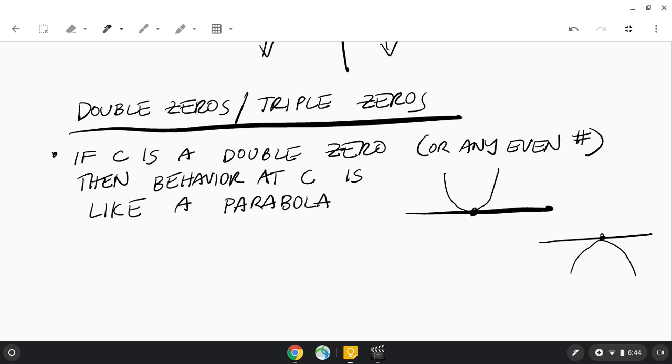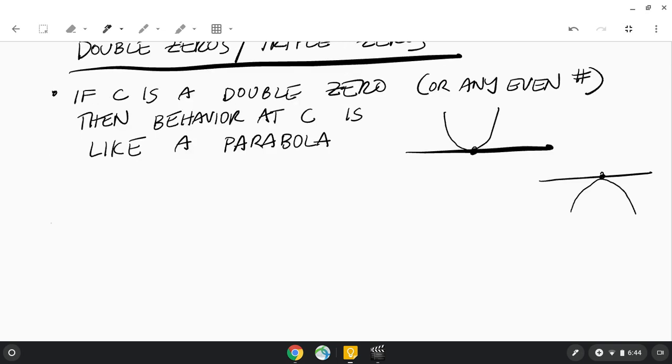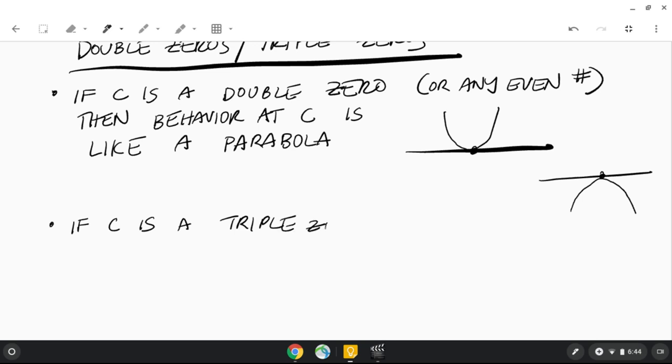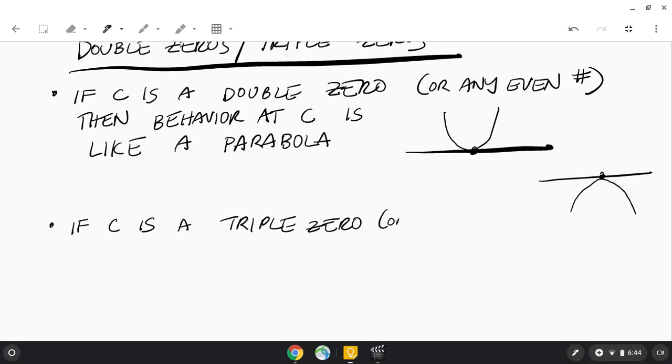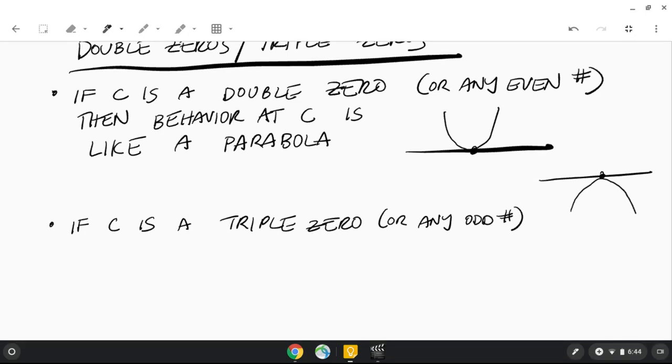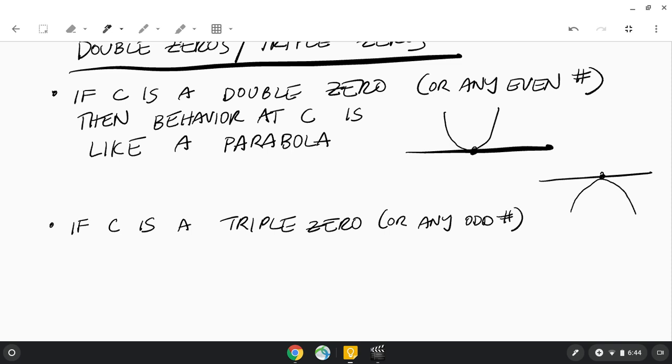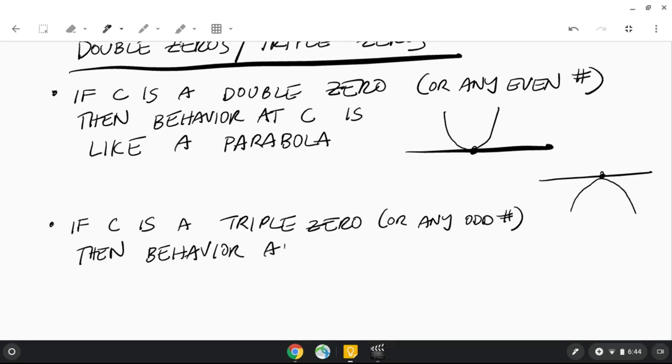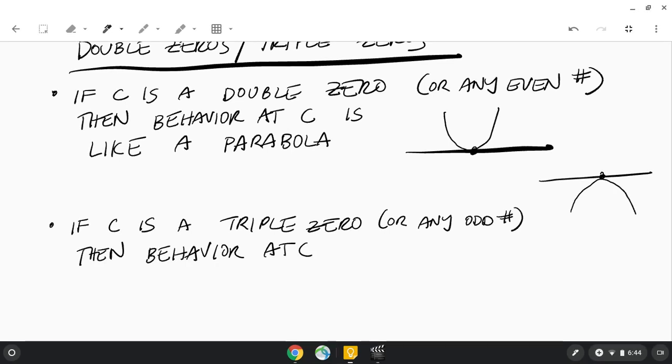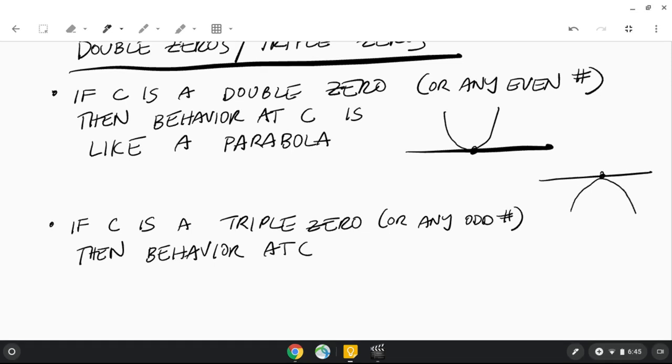Okay. So let's take a look at a triple zero. If c is a triple zero, or any odd number, so if it repeats 5 times, 7 times, then the behavior at c is like x cubed.